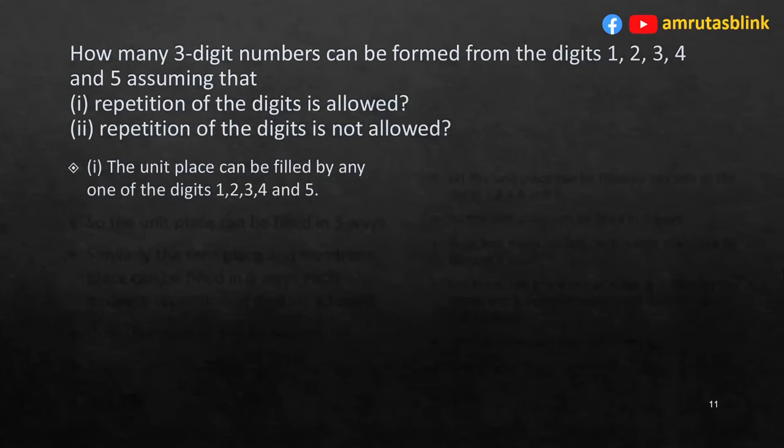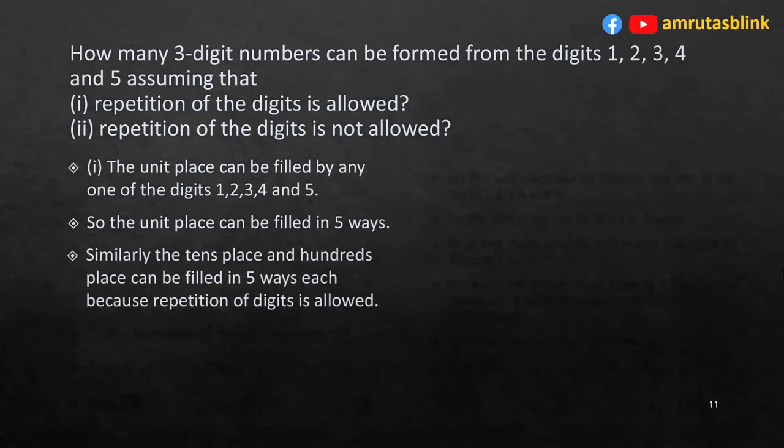So let's consider the first case where repetition of digits is allowed. Now we need to create a 3-digit number. So the units place of, let's say, this 3-digit number can be filled by any of the numbers out of these available 5 digits, that is in 5 ways.